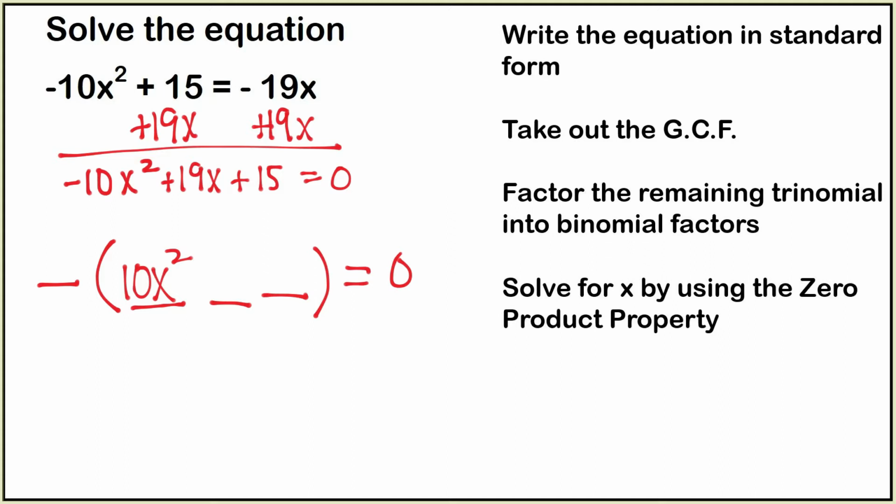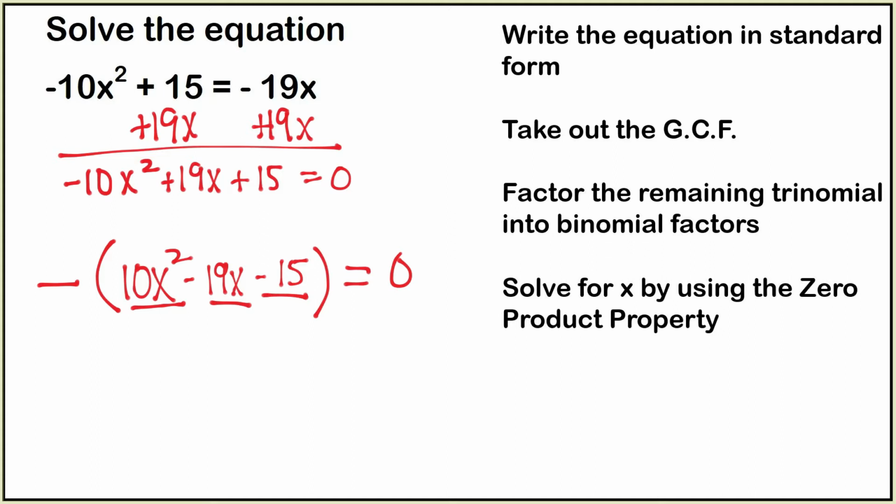Positive 19x divided by negative 1 is negative 19x. And positive 15 divided by negative 1 is negative 15. So I've taken out the greatest common factor, and the greatest common factor was negative 1. Notice that I didn't write negative 1 in front of the parentheses. I just put a negative sign in front of the parentheses.